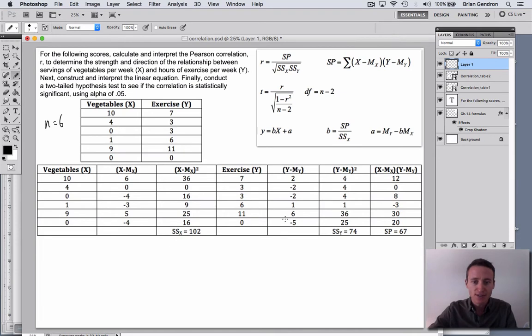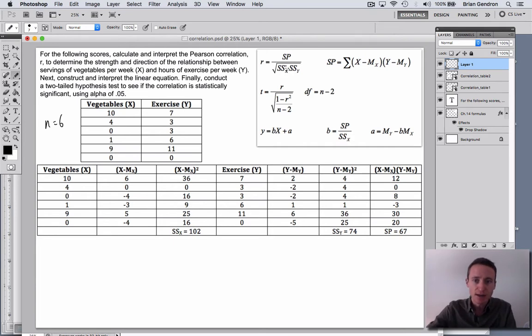And these are all the deviation scores, which means I subtracted 5 from each score. And then when you square those values and sum them all together, you get sum of squares for Y equal to 74. Okay, so before we talk about this last column, let's just note we already have a lot of what we need for our formula for r, the Pearson correlation.